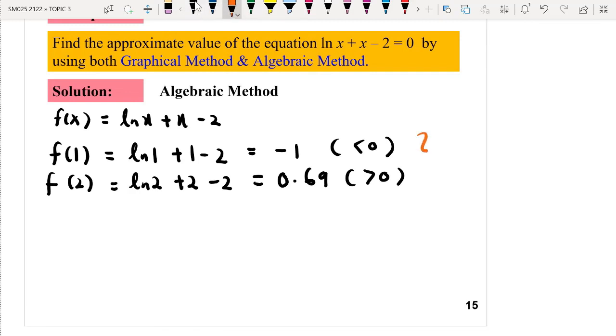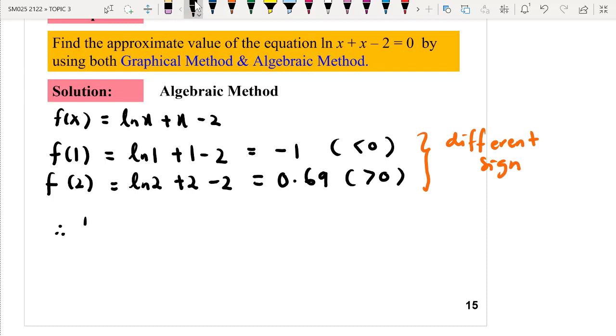So from here, we can notice that we have a different sign, a positive value and a negative value of f(x). I put here different sign, or change of sign. So since we have a different sign here, we can make a conclusion now.